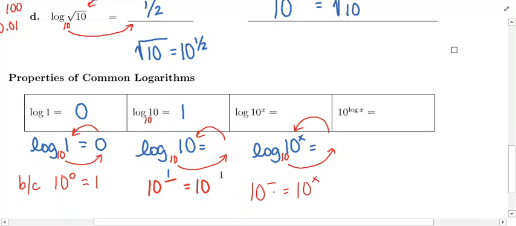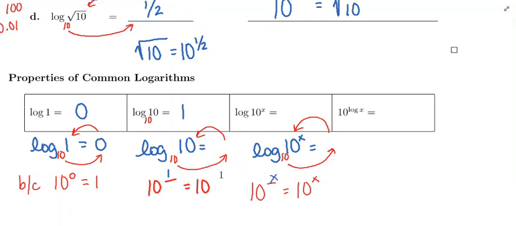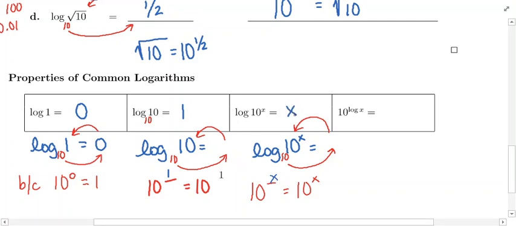Well, the only way this can be equal is if they have the same base, the exponents have to match. So you need to have an x right here. So the answer here is x. Remember I told you guys that log base 10 and 10 to the x are inverses of each other. So if you have log and 10 side by side, nothing in between them, they're going to cancel and just leave you with x.